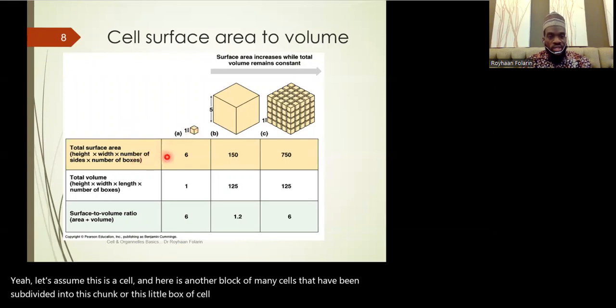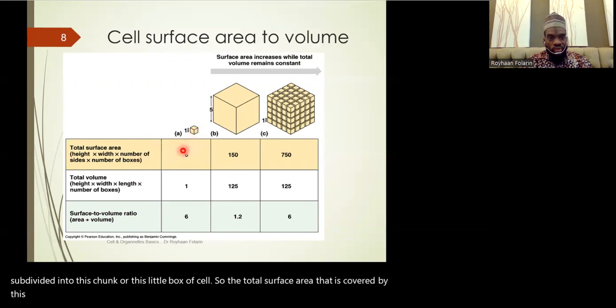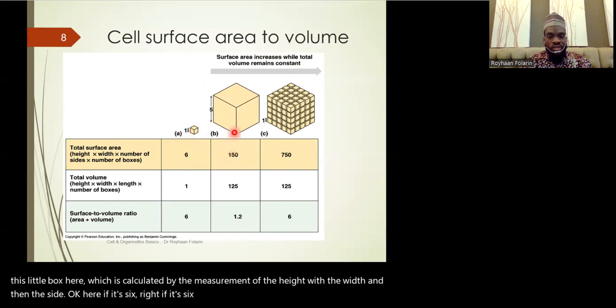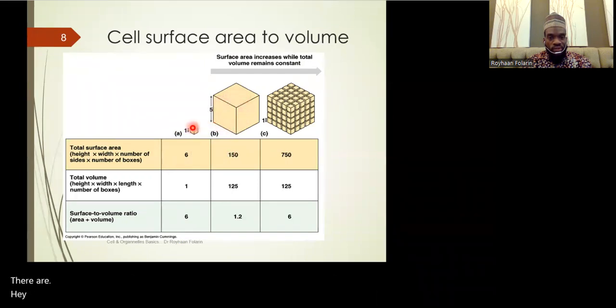The total surface area covered by this little box is calculated by measuring the height, the width, and the side. If it's 6 here, there are a whole number of these in this bigger box, and that increases.